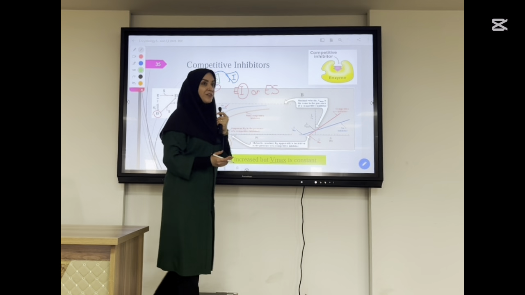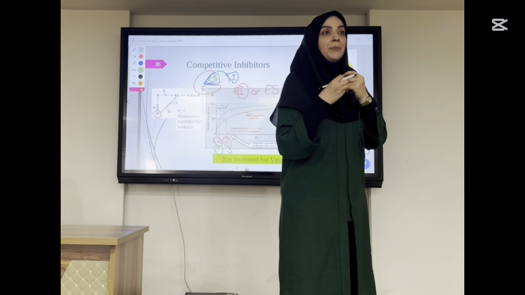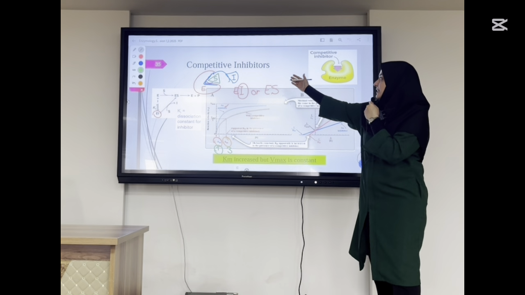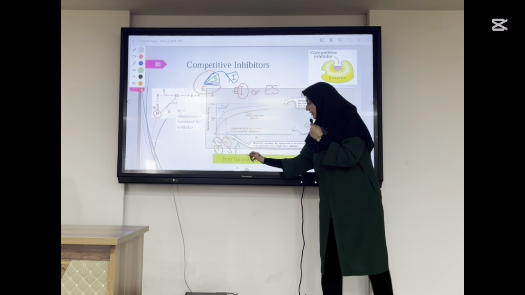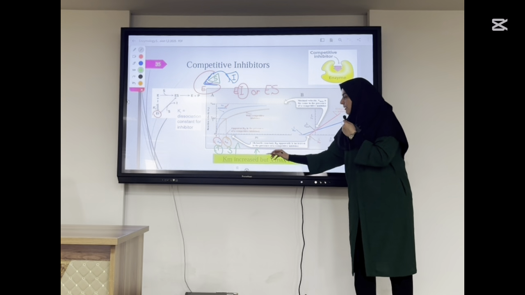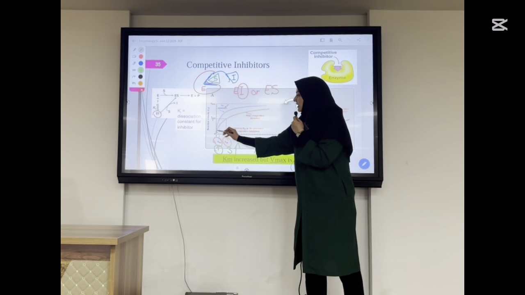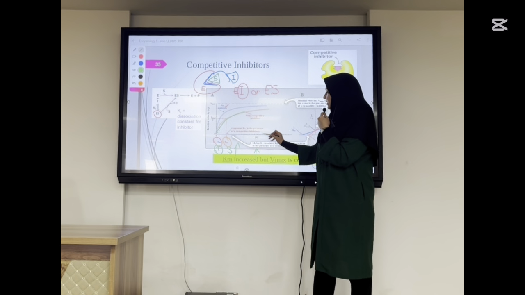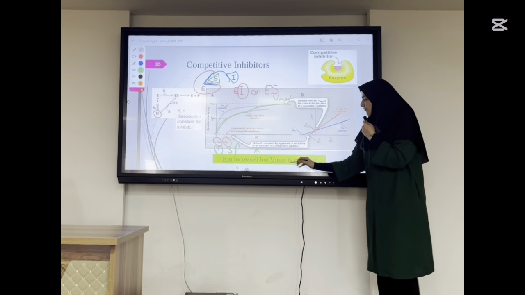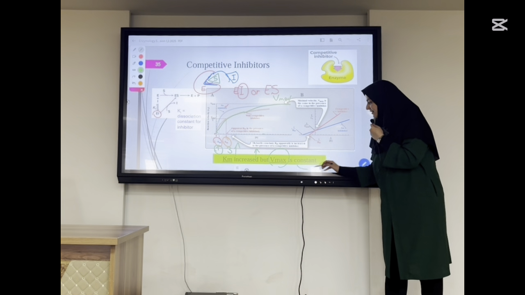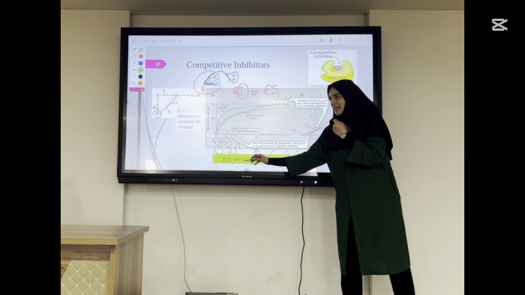So if the designer asks you, in the presence of a competitive inhibitor, Km increases, as I mentioned here. What about the Vmax? If I continue adding substrate, finally I will reach Vmax. So Vmax is constant, but Km increases.